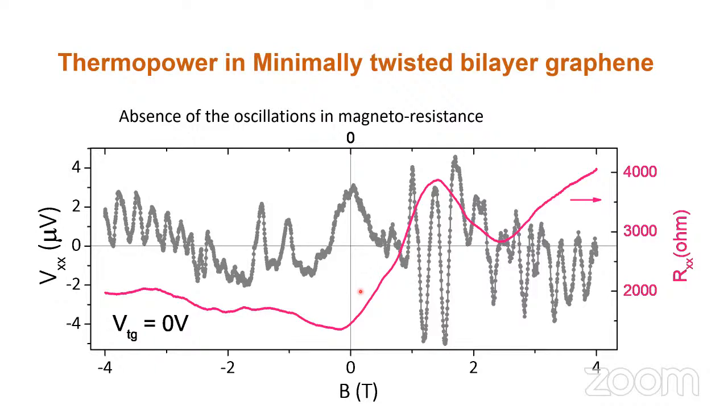We're still debating why thermoelectricity picks up these Aharonov-Bohm oscillations, which can come from the topologically protected channels, whereas resistance is unable to do so. There could be a possibility that the thermoelectricity is proportional to the derivative of the density of states, and hence it is more sensitive. Or it could be that it is in quasi-thermal equilibrium all the time, and hence it is more sensitive. We do not know that, but it's an experiment which I think is quite interesting.